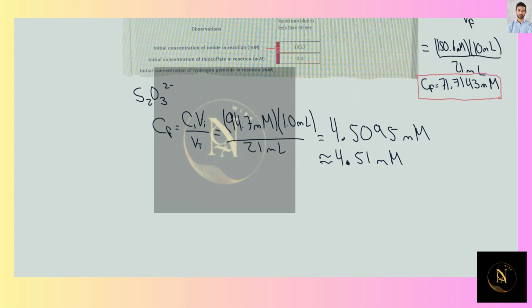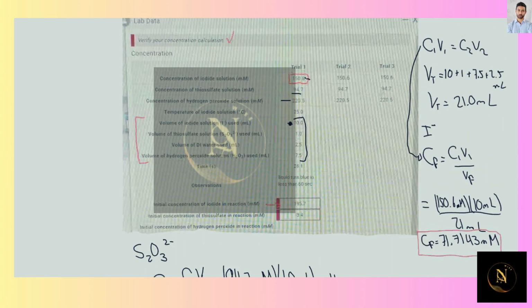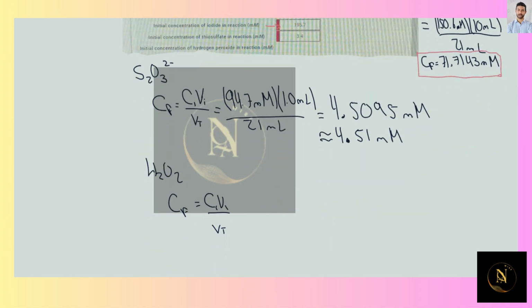And finally, for H2O2, hydrogen peroxide, the calculation is the same, but just changes the initial concentration. We start with 220.5 millimolar.